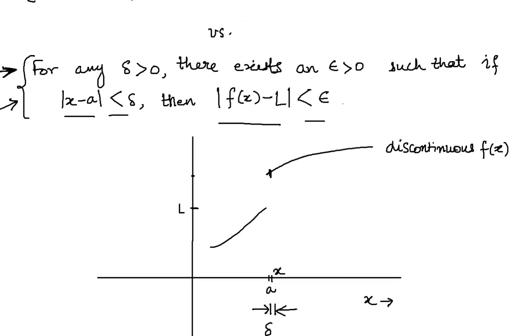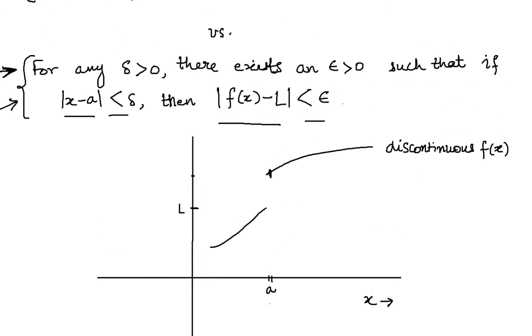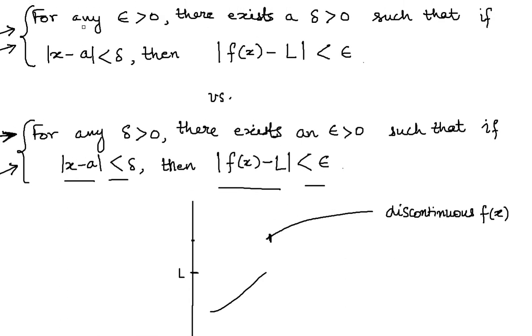One second, I'll also erase the older delta points, the older x points. Okay, so looking at the new definition, for any epsilon greater than 0, take the epsilon near L. Take this epsilon. Now I can make epsilon very small.